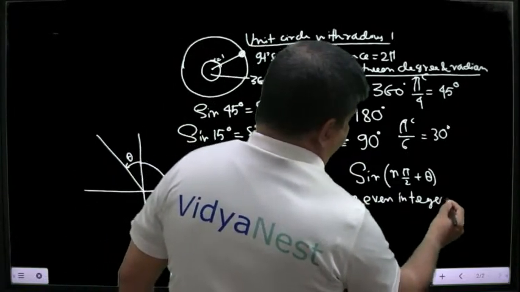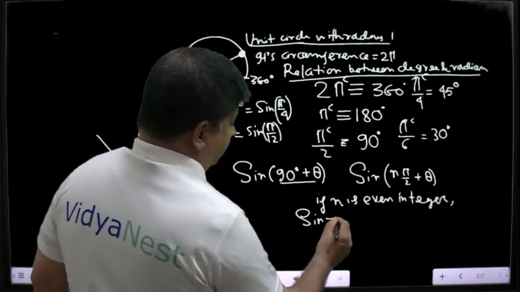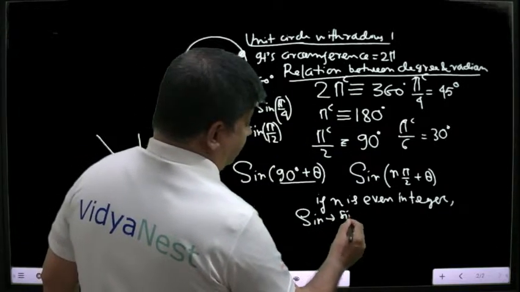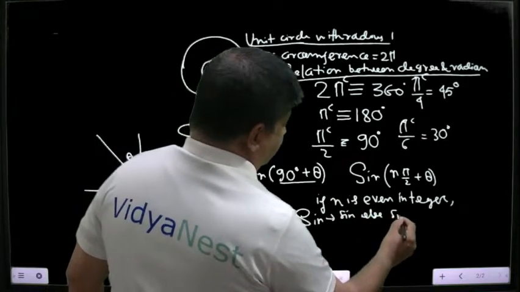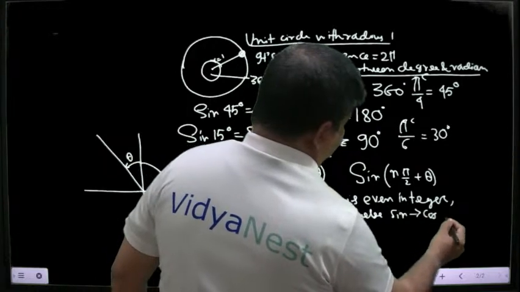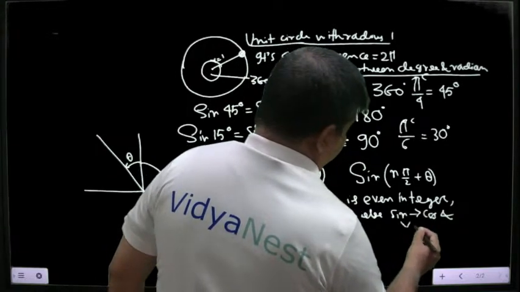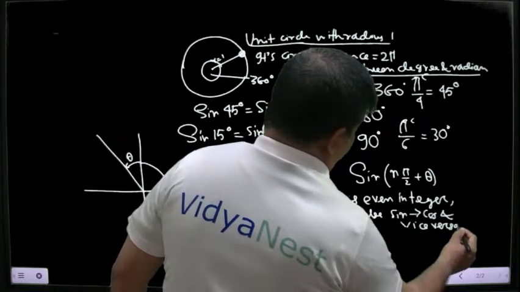If n is even integer, sin will remain sin, else sin will change to cos and vice versa.